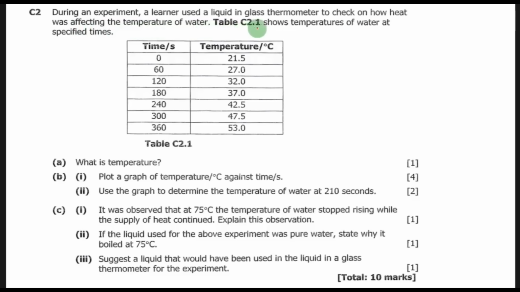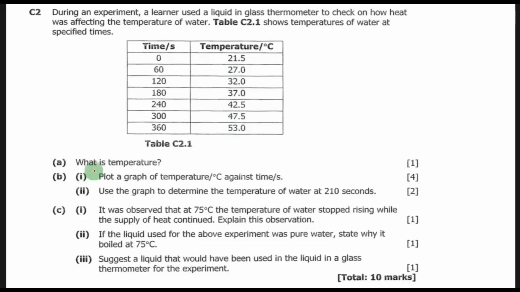Table C2.1 shows temperatures of water at specific times: time and temperature of water. At 0, the temperature was 21.5, at 60, 27. So as time was increasing, temperature was also increasing.